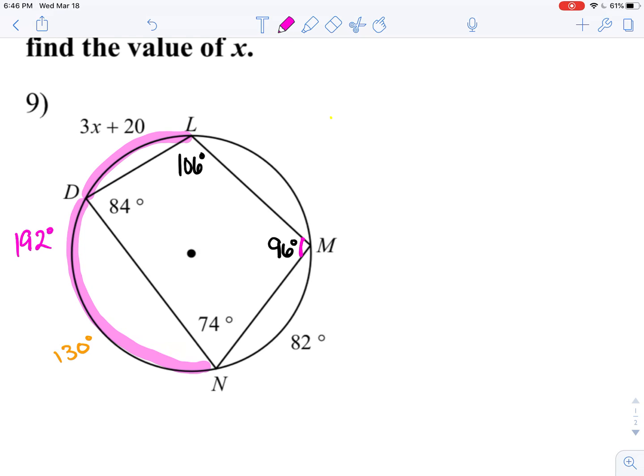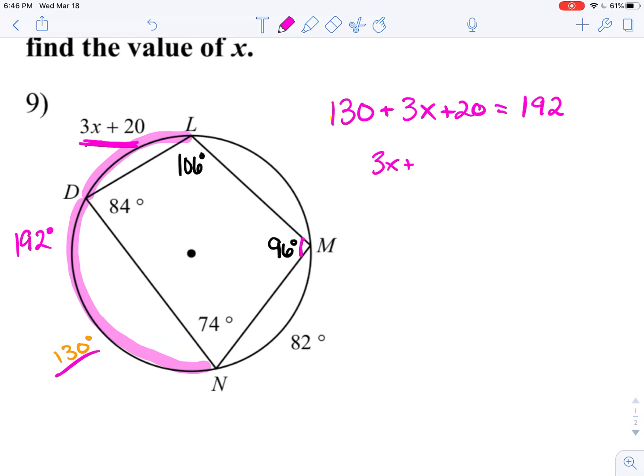So let's stop here and look at our two pieces. So 130 and 3x plus 20 have to add together to get me 192. So I can say 130, and if I put that together with 3x plus 20, I must get 192.